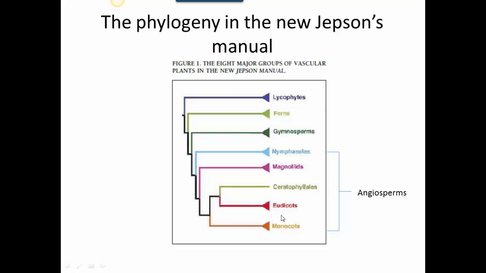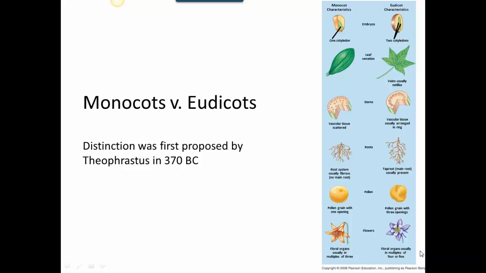And then we'll also take a close look at the eudicots and the monocots and some of the large families within those two groups. Okay, so before we take a look at the basal angiosperms, I want to be sure that everyone is clear about the differences between the monocots and the eudicots.